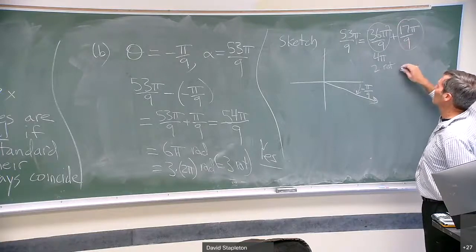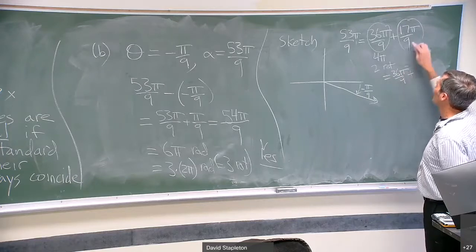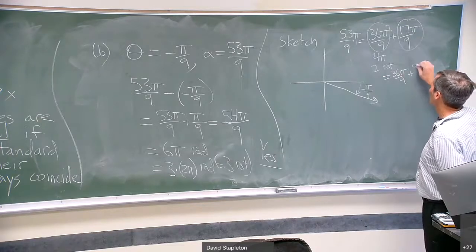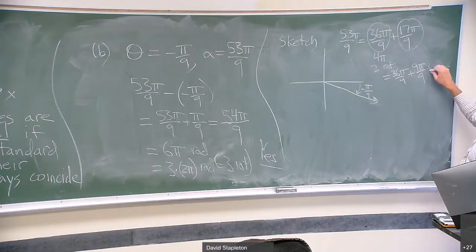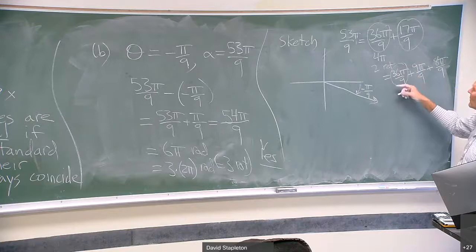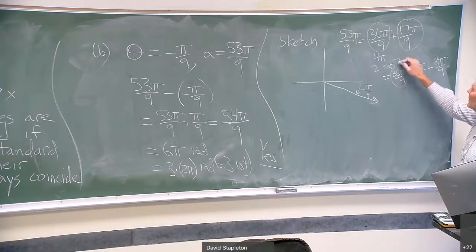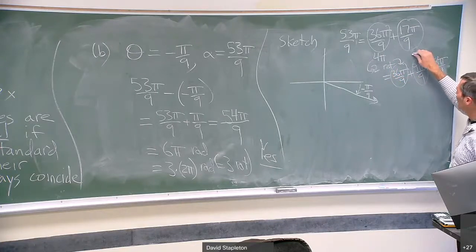Plus, I can break this up into a straight angle now. I can say it's 36 pi over 9 plus 9 pi over 9, which would be pi. There's a straight angle. And then I could say there's 8 pi over 9 left. And so we could say there's actually 2 rotations, that's 4 pi. This is a straight angle.